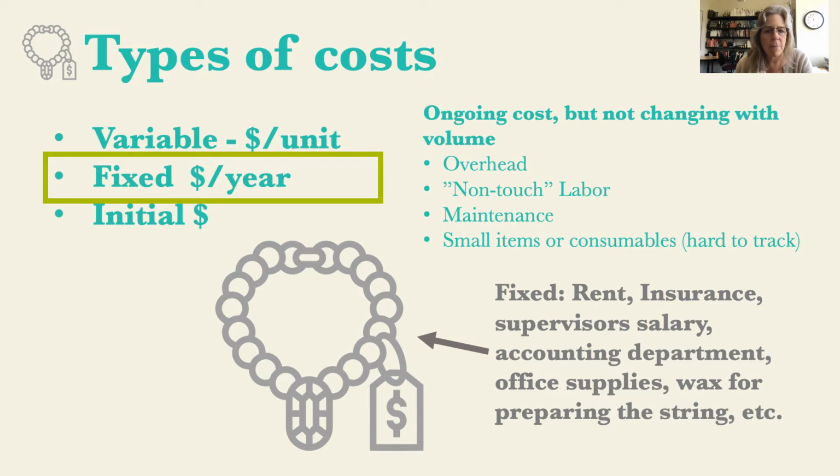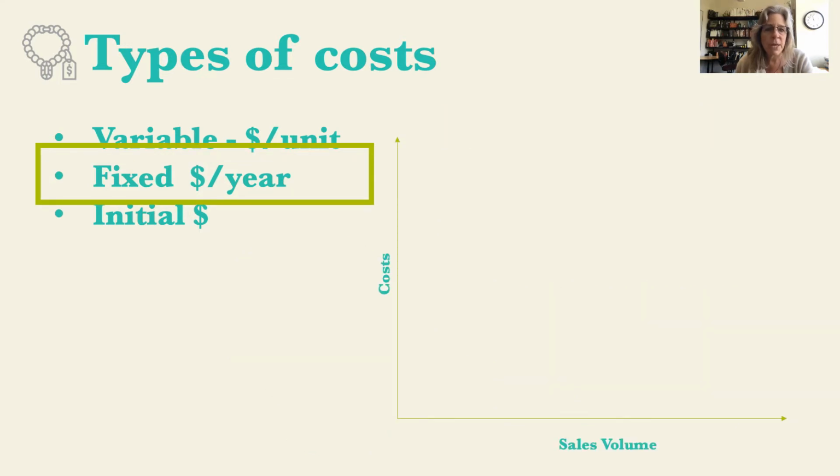That's an example of a consumable that's variable: the more you make, the more you have to use, but it's hard to track a particular amount of wax for each string, so we consider this a fixed cost. Again, in a graph with sales volume as the x-axis and cost as the y-axis, fixed costs are flat over a particular sales volume amount.